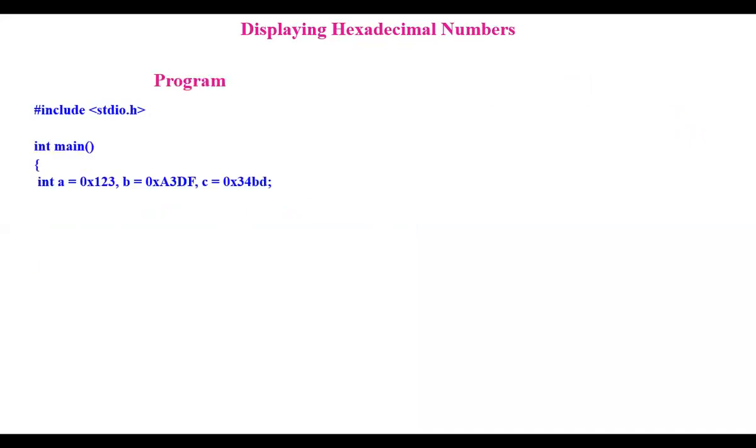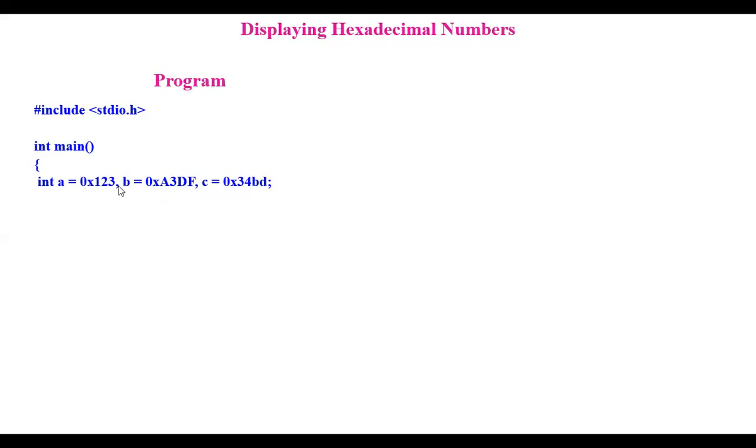Next, let us see how hexadecimal numbers are displayed. So I take a hexadecimal number. You can take any examples. Octal, decimal or hexadecimal, they are all defined as integers only. So integer is used, but we have to specify that it is hexadecimal.